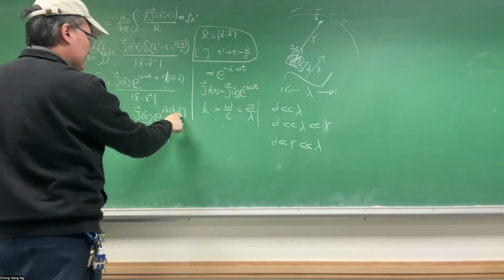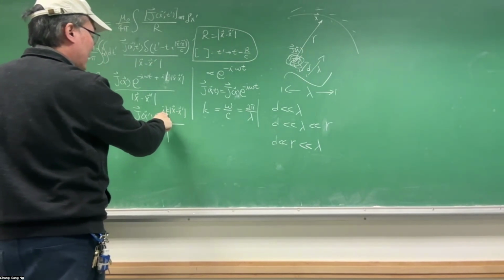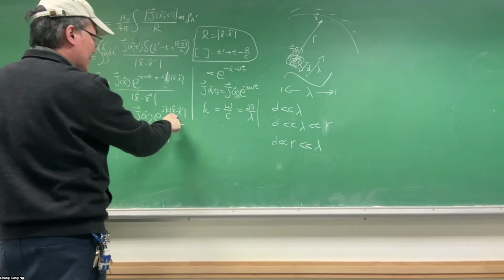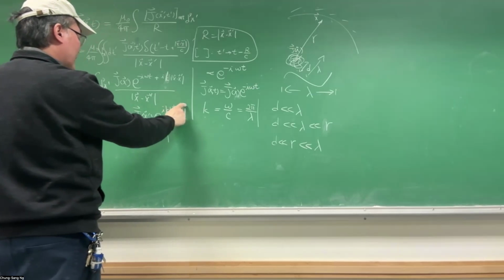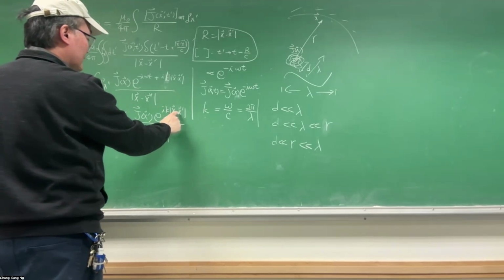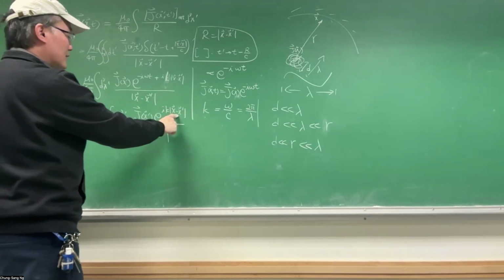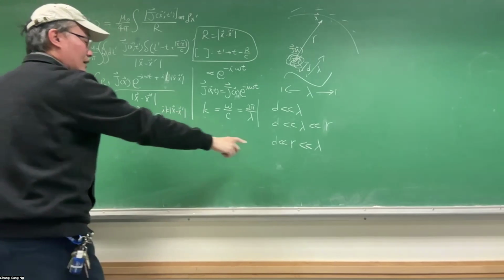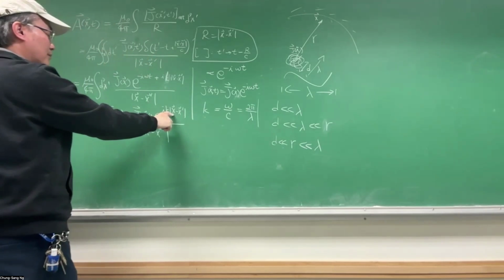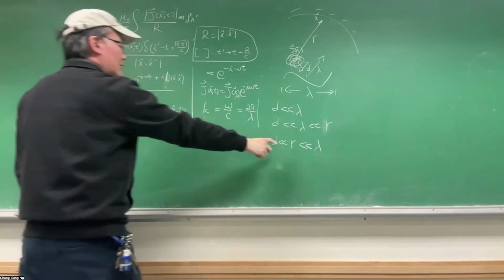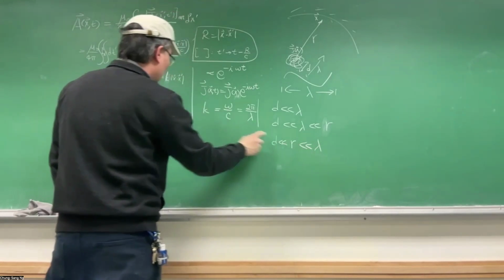k is 1 over lambda. The difference between the positions is roughly R, because R is much bigger than d, but R is still much smaller than lambda.